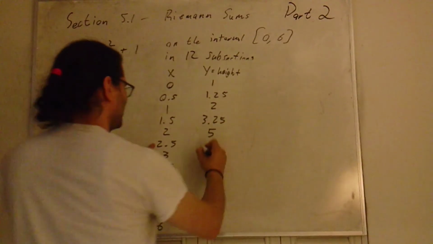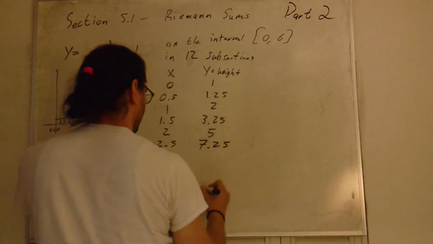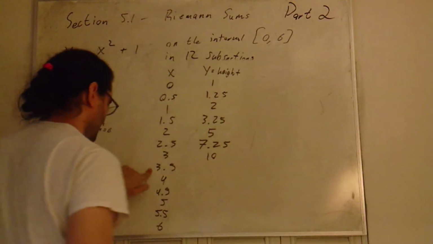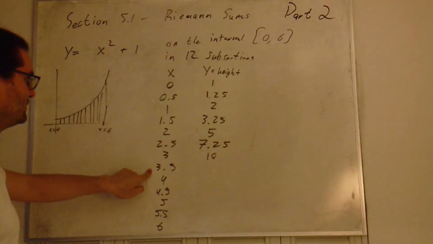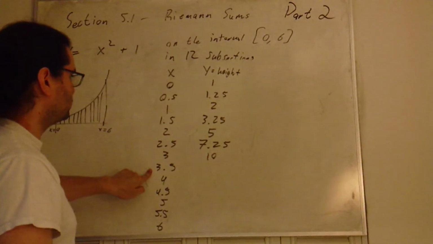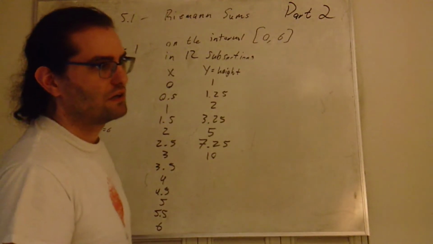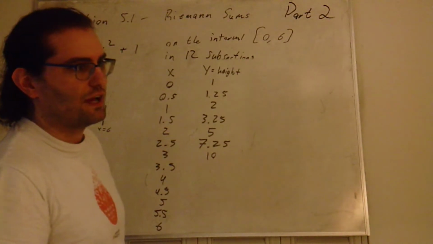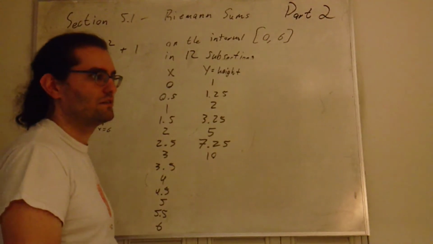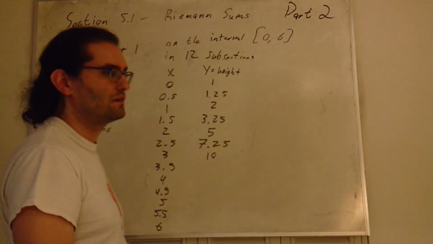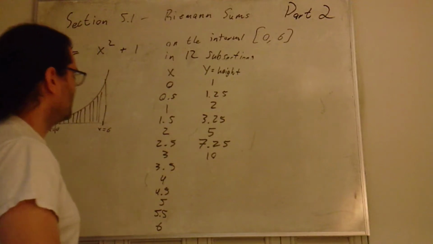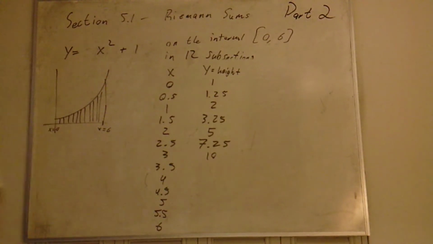This will be 7.25. This will be 10. This will be, I don't know, 3.5 squared. There'll be a 9 involved. Okay, let me get the calculator real quick for 3.5 squared.